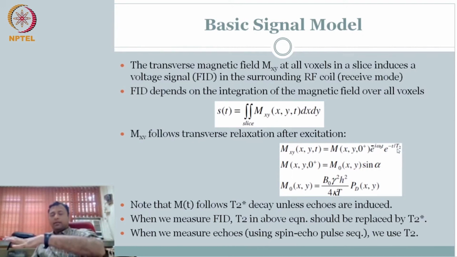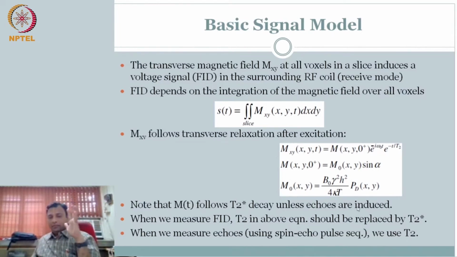The rapid dephasing happens due to T2 star. Remember, we got T2 when we did the spin echo, right? When we did the spin echo, we said we could get the T2 decay, otherwise it is T2 star decay. So if you are just measuring the free induction decay, then you should replace the equation with T2 star. If you are doing spin echo, then it is more appropriate to use T2.